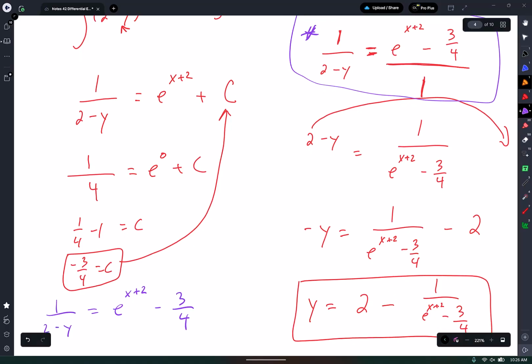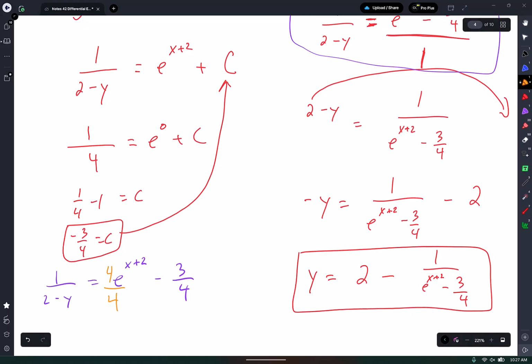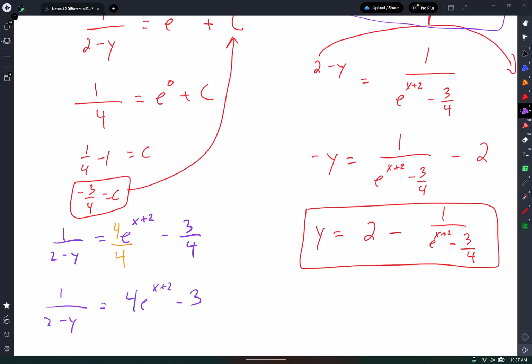I would do a common denominator right here. See how I have 3/4? So I'm going to multiply this one by 4 over 4. Are we still okay? So then I would go, let me go back to the purple, 1 over 2 minus y equals 4e to the x plus 2 minus 3 over 4.